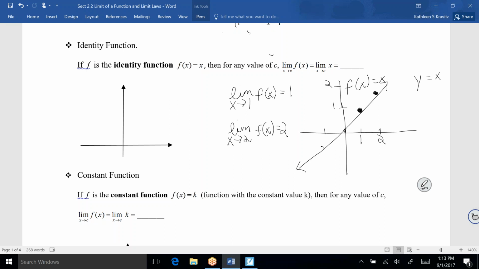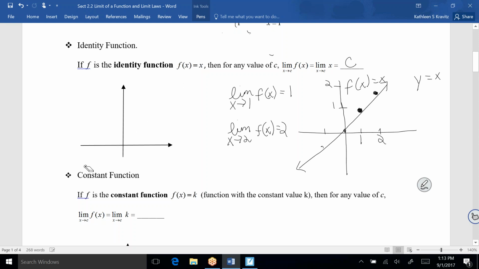So in general, for any value of c, and c can be anything, the limit as x approaches c of our function is going to be equal to whatever c is. So if c is 4, the limit is going to be equal to 4. If c is -1, the limit is going to be equal to -1. So drawing another picture just in general here, that should be going through the origin.